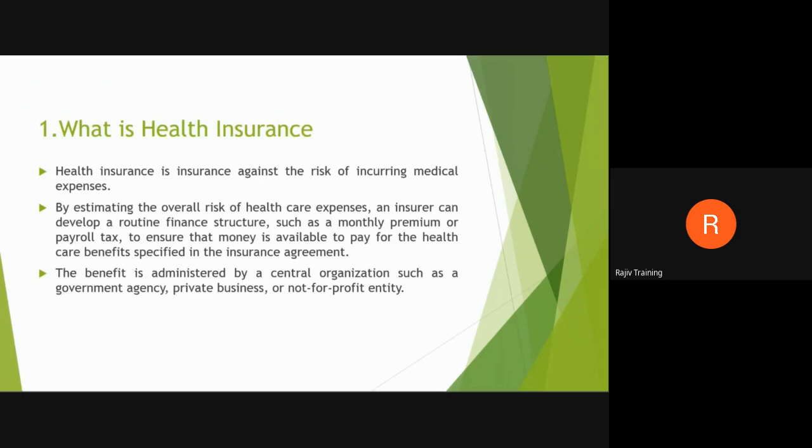Next, what is health insurance? In its basic definition, it's an insurance against the risk of incurring medical expenses. If you see a risk of huge medical expenses coming up, you may have to go for health insurance. By estimating the overall risk of healthcare expenses, an insurer can develop a routine financial structure like a monthly premium or a payroll tax to ensure that money is available to pay for the healthcare benefits specified in the insurance agreement.